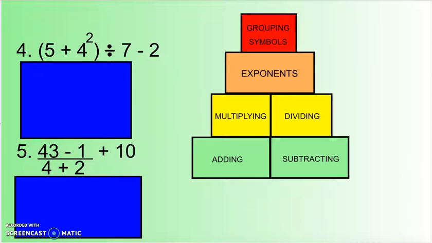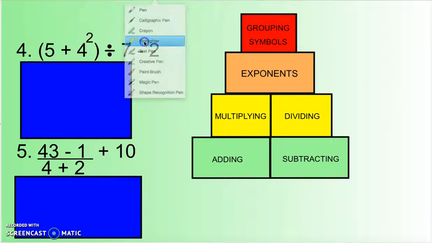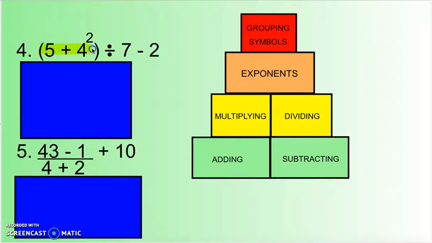Remember, grouping symbols are used to group an expression by themselves. So for instance, there are parentheses here, and what that means is whatever's inside, including this little 2, is part of a numerical expression. It's part of a math sentence.